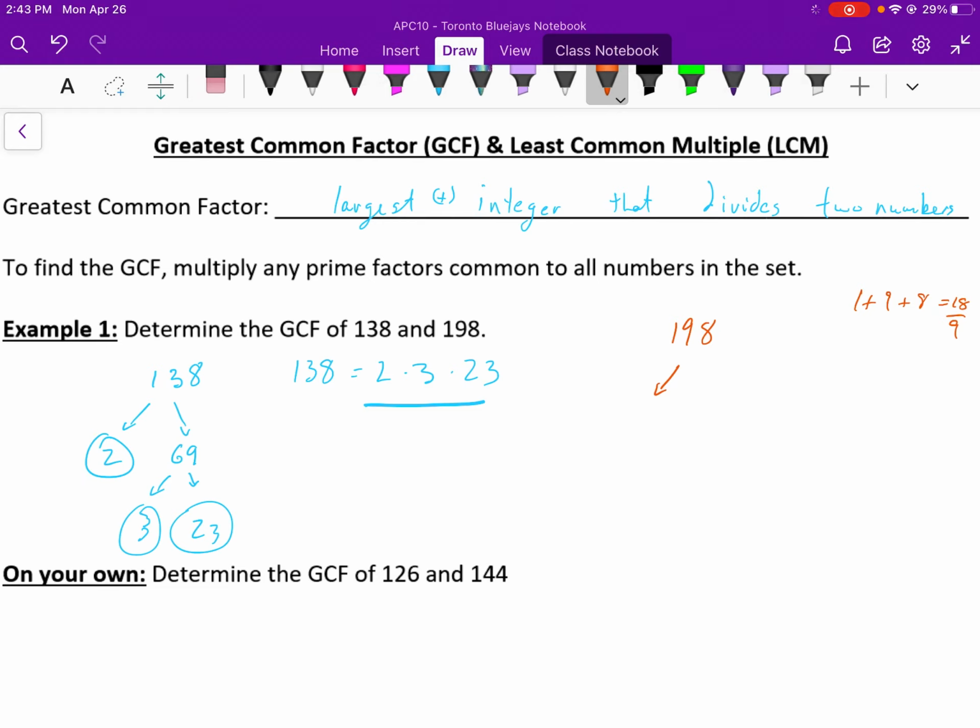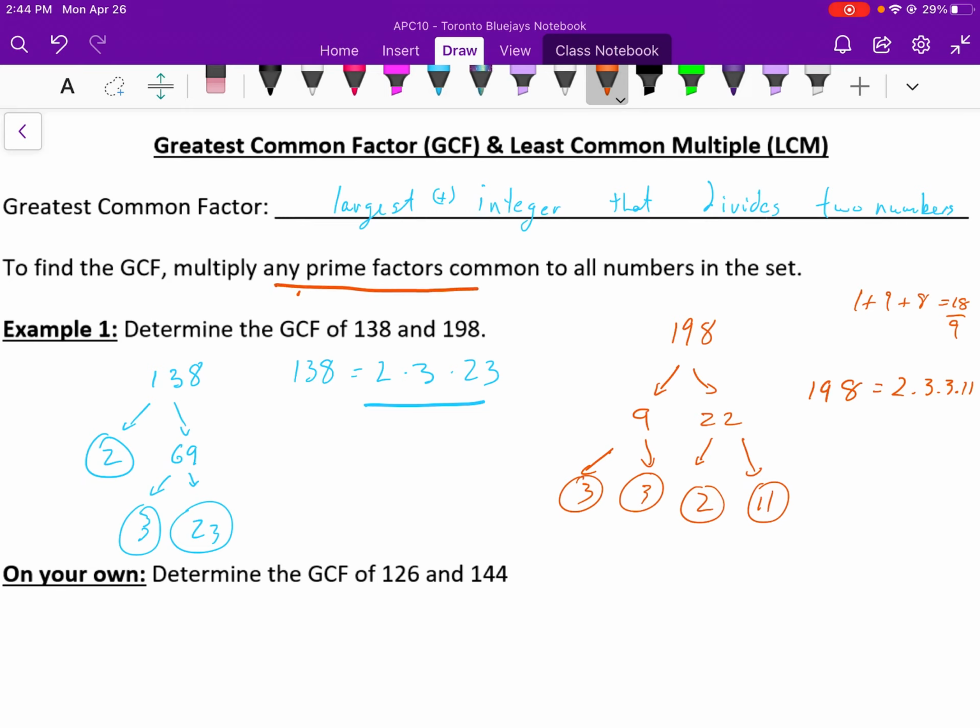So 198 divided by 9, so 9 times what? Well, that's 22. 9 times 22 gives me 198. And 9 is composite, so I'm going to break it up into its factors. Two factors that multiply together to give you 9 are 3 and 3. And for 22, it's 2 and 11. And what I get is 198 is equal to 2 times 3 times 3 times 11.